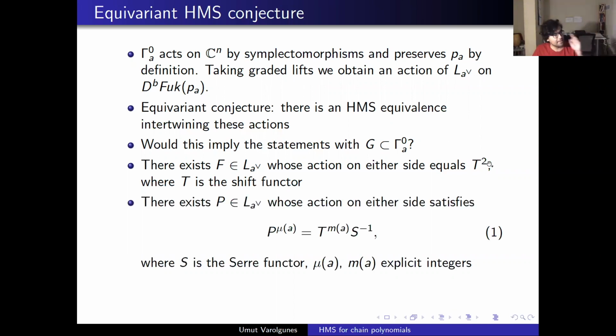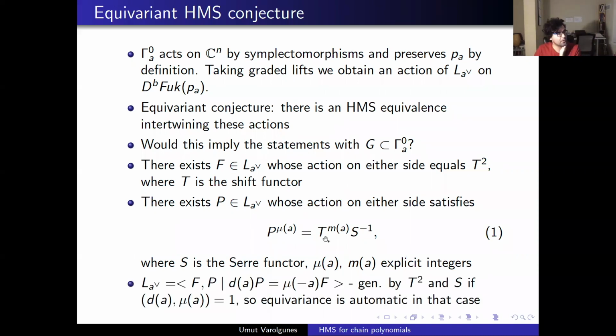And there's another element of this group, and the mu's power, I will define what this mu_A is, and mu's power of P corresponds to the inverse of the Serre functor up to some shifts. I will not say what the Serre functor is again, but it's something that's intrinsic to the category. So if it exists, it's unique.